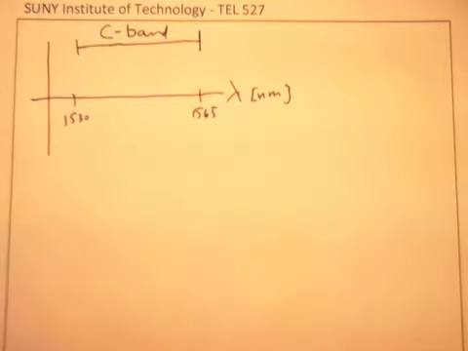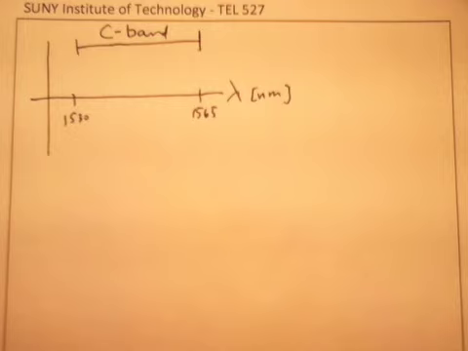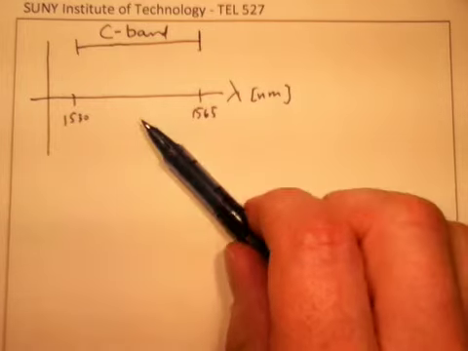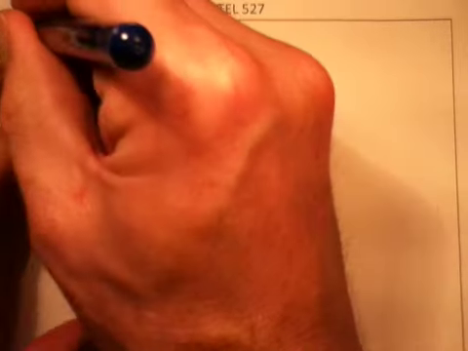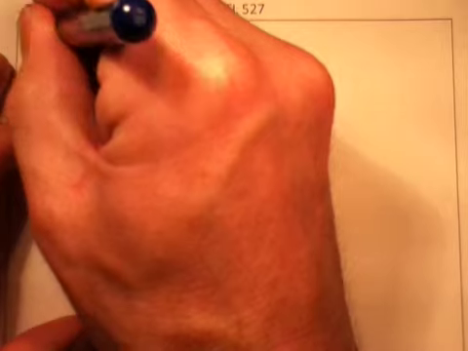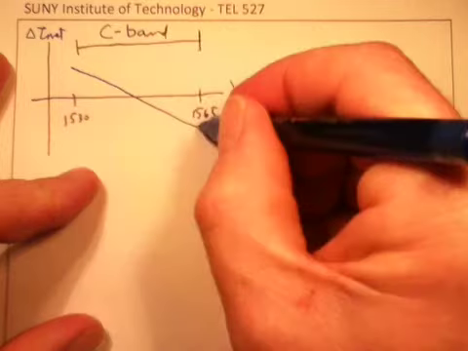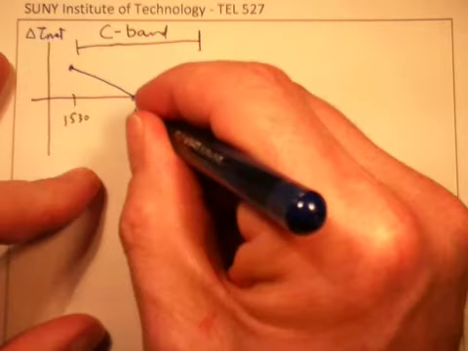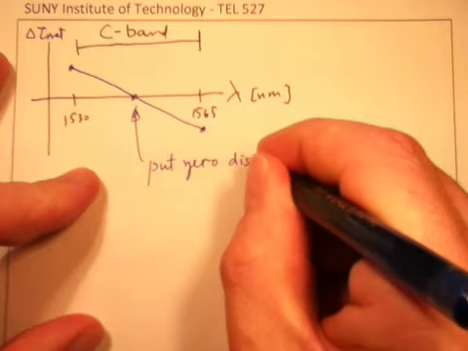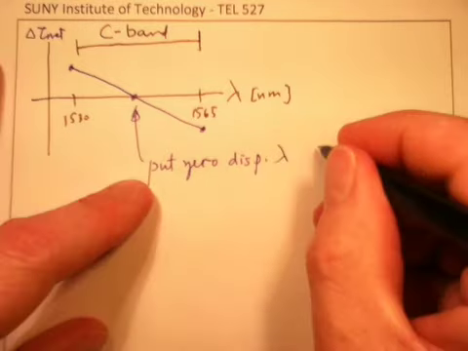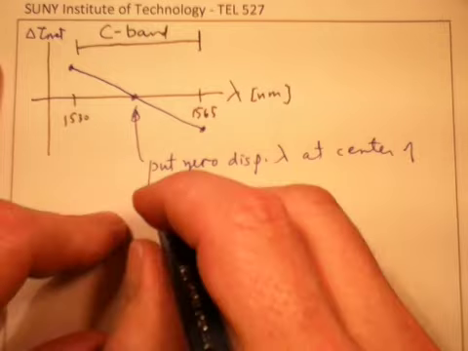It turns out that we'll be able to choose the length of the dispersion compensating fiber so that this is going to be delta tau net now. The thing we want to do is put the zero dispersion point in the center of the range. Let's put the zero dispersion wavelength at the center of the wavelength range.